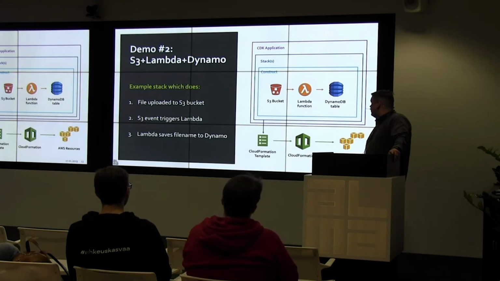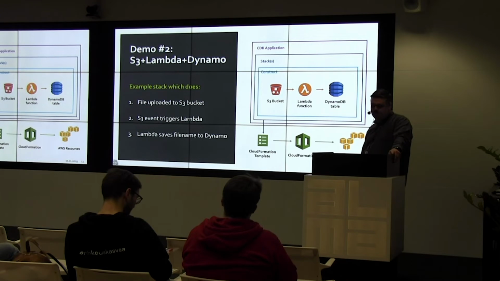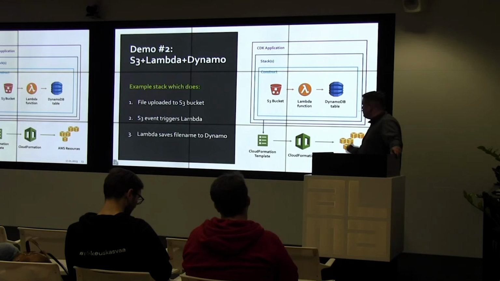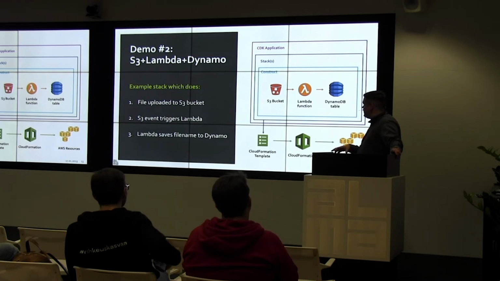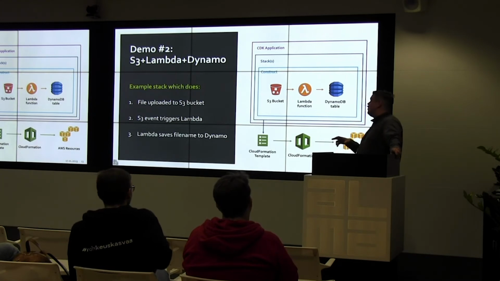I've drawn this a bit weird because there are actually several constructs, which define these S3 buckets, lambdas, and DynamoDB tables. What we're going to do is an S3 bucket, and a user uploads a file there. It sends an event which triggers a lambda, and then the lambda is going to take the file name, and if I got it working, hopefully the contents.